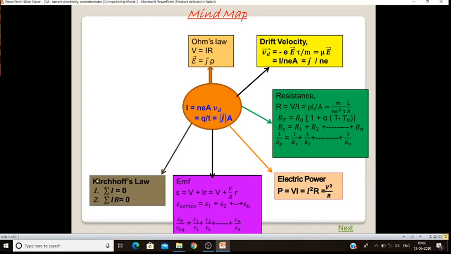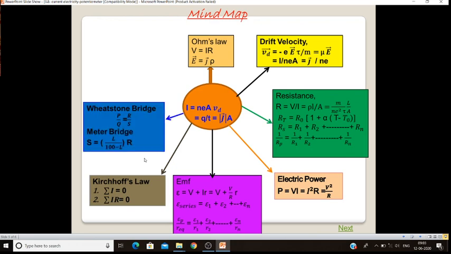After that, Kirchhoff's laws of electricity, two laws. The algebraic sum of electric current at any junction is zero, and in a closed loop, the summation of potential drop and EMF is zero. After Kirchhoff's laws, we studied the Wheatstone bridge.